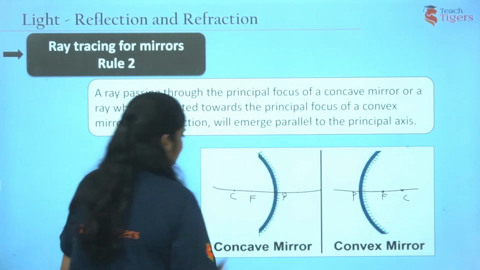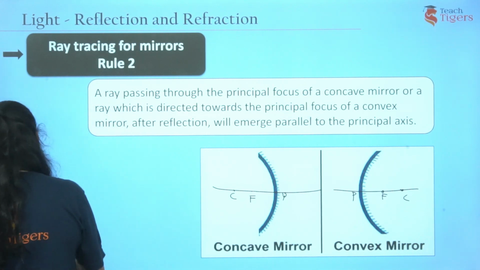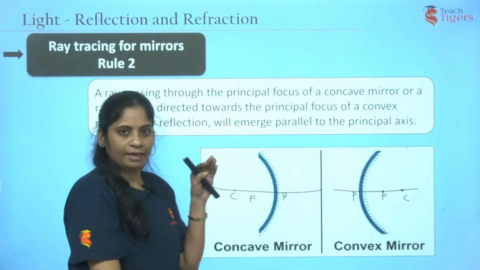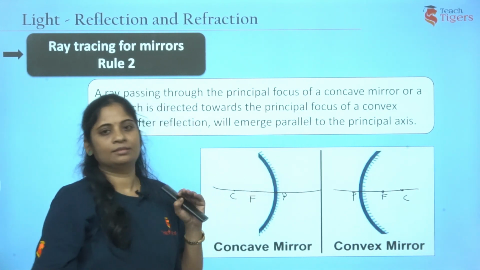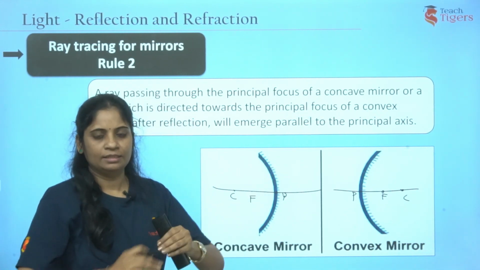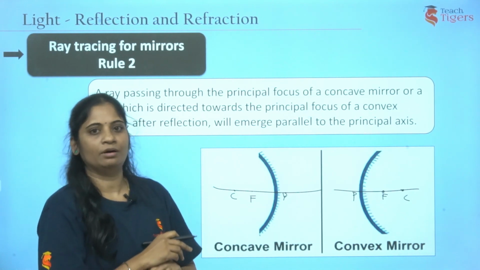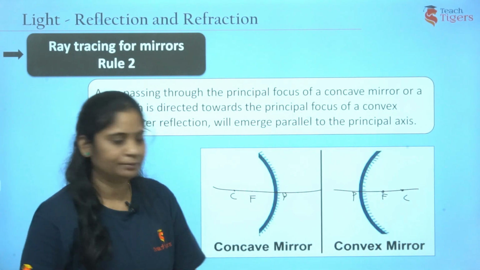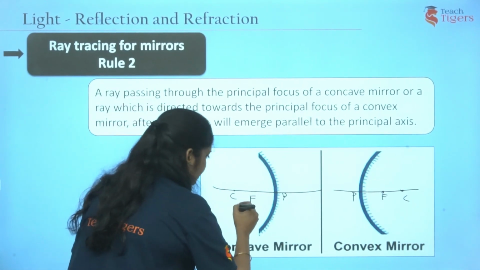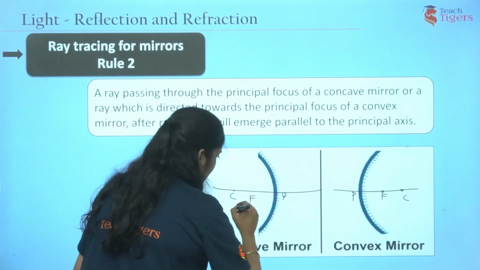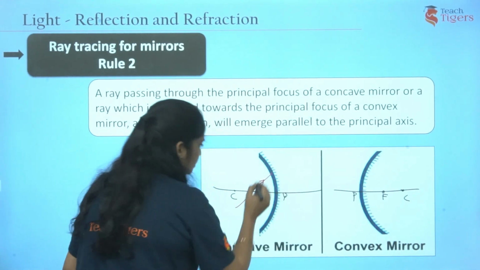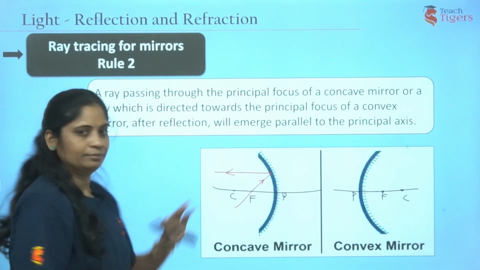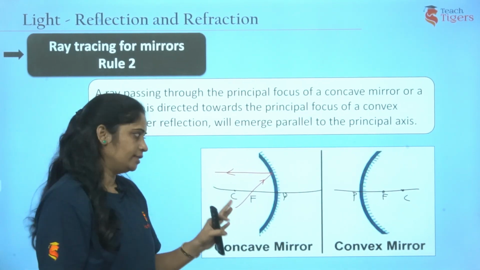In the first rule, when you are incident with a parallel ray, the light ray was reflecting and passing through the focus. Just the opposite, applying the principle of reversibility which we have learnt in the first lecture, if you remember. So here when light is incident and passing through the focus, it reflects back and travels parallel to the principal axis. Very easy and simple, right?